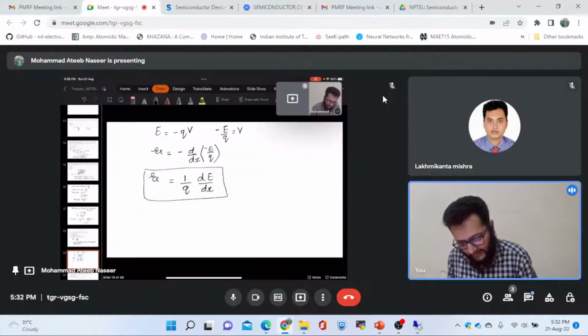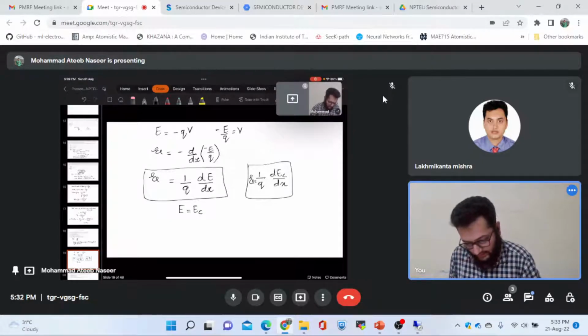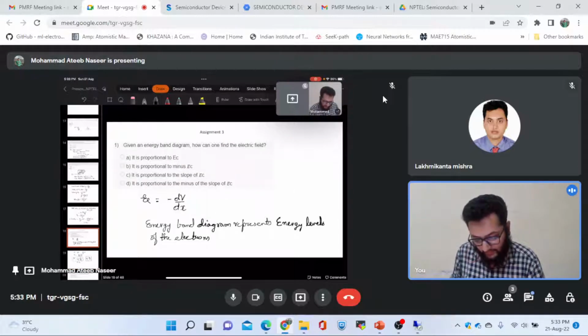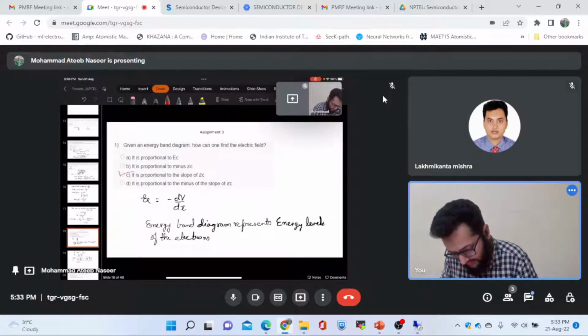So if I take energy E equal to EC as the reference level, then it will simply be 1 by Q dEC by dx. This is our field for the carriers, the electrons that they will be facing, and it is proportional to the slope. So we will simply select option C.